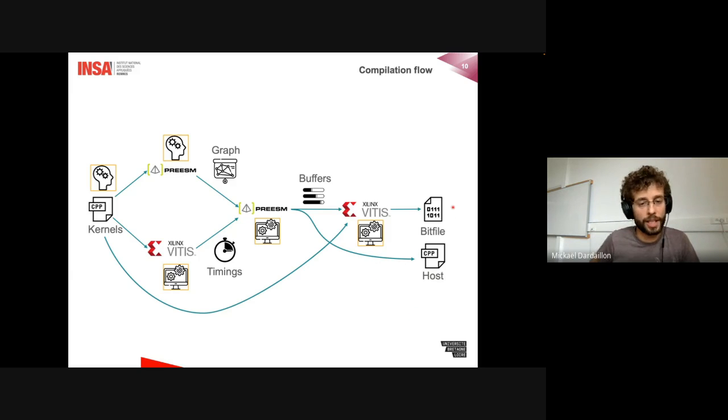So that's the idea of the compilation flow, more on the tooling side, and we have all of that automated, which enables us to do all our experiments and the programming of the FPGA.